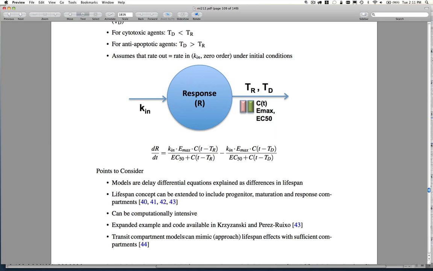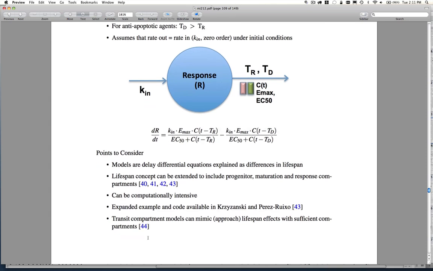And again, as we showed last week, you can parameterize these transit compartment models so that you can get the same type of information, the normal lifespan, and then the lifespan affected by drug, using the transit compartment model.